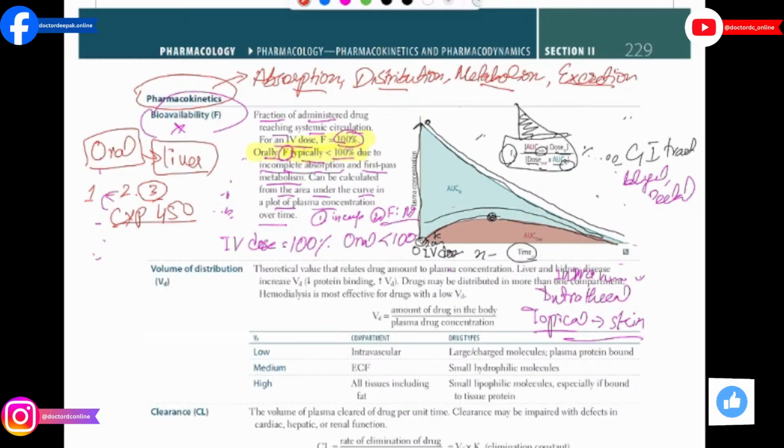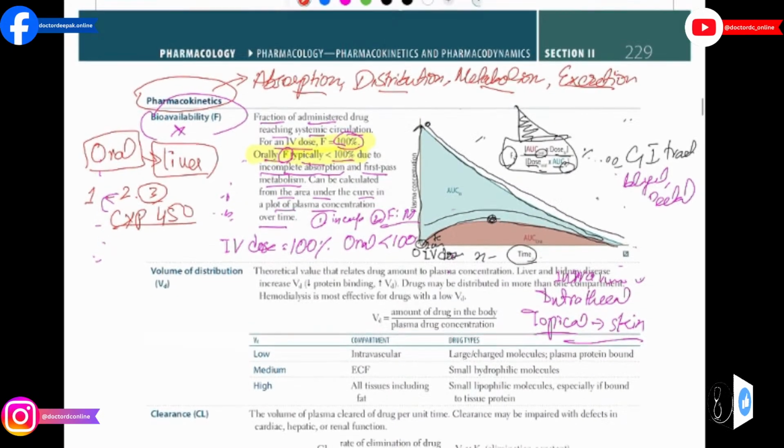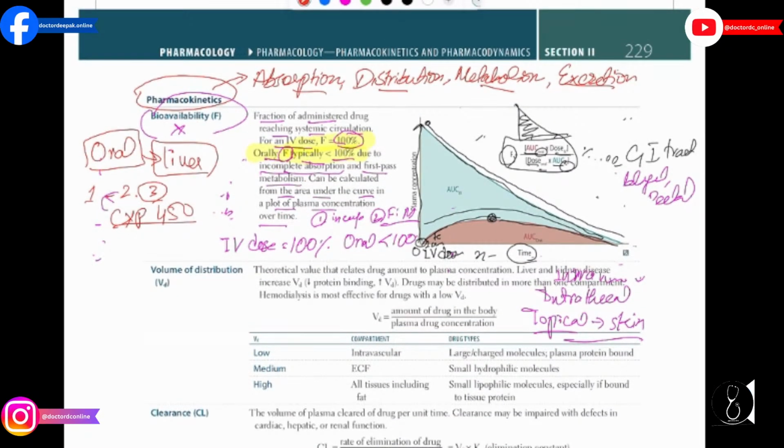During this, there are two phases of conversion in which the drug becomes polar, ionized, or metabolized by the liver and excreted from the body.